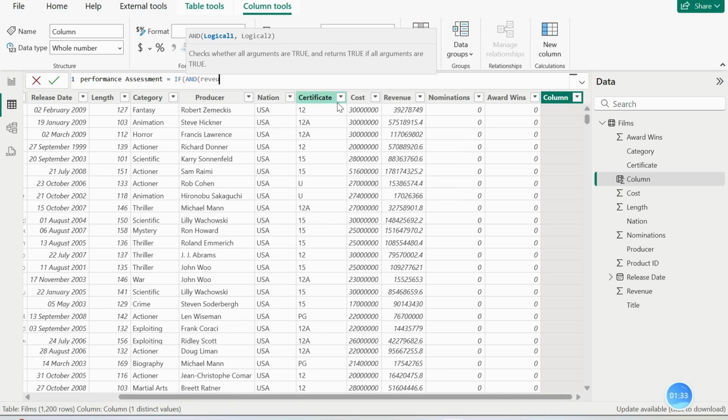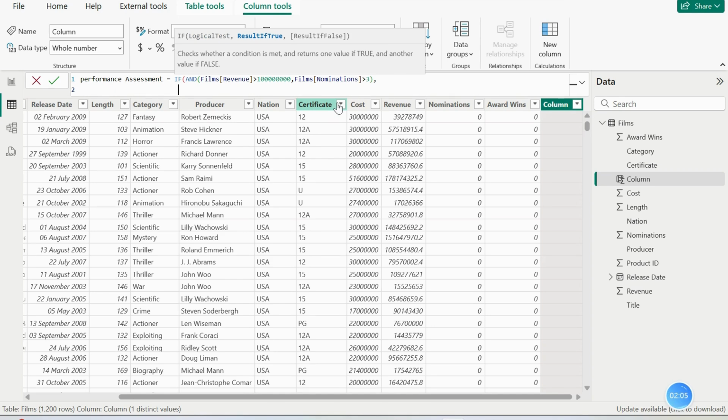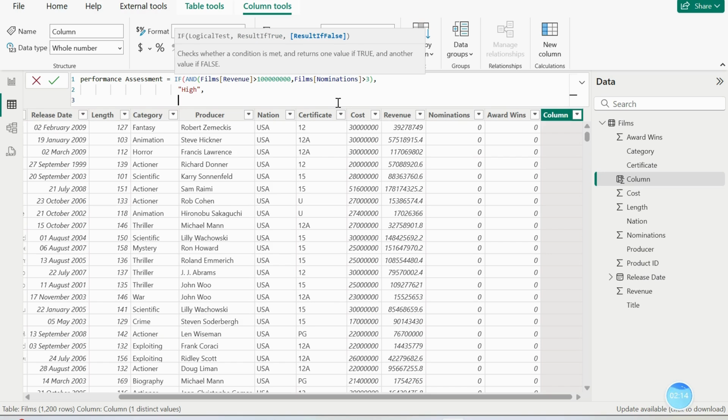The first is revenue: if the revenue is bigger than 100 million, at the same time the nominations more than three times. Because the AND function is finished here, we just put the two indicators, we need a bracket. If that happens, we call it high performance. Otherwise, we call it normal.